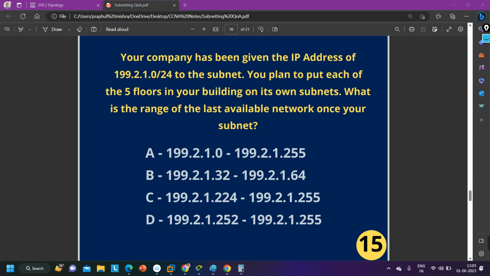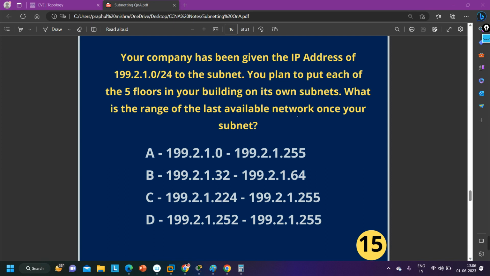Again, I found the network ID and broadcast, and then I found the first and last valid addresses. Your company has been given the IP address of this subnet.